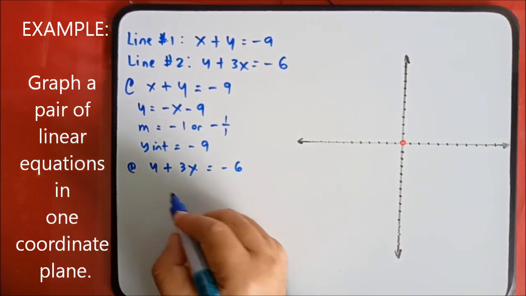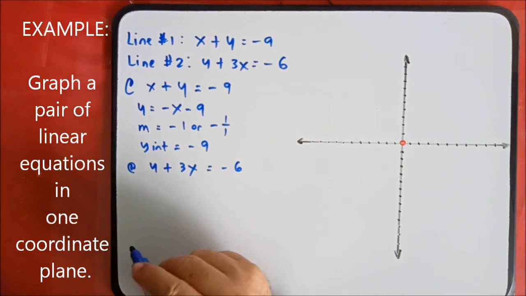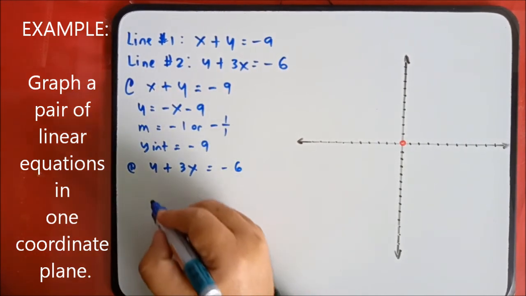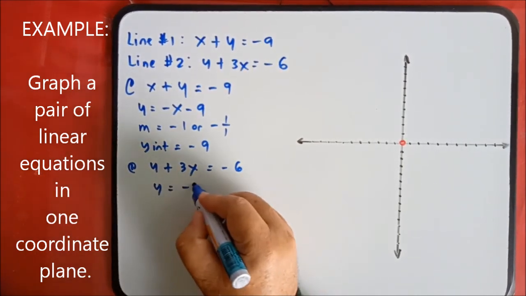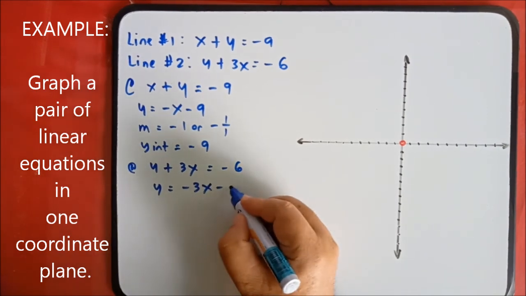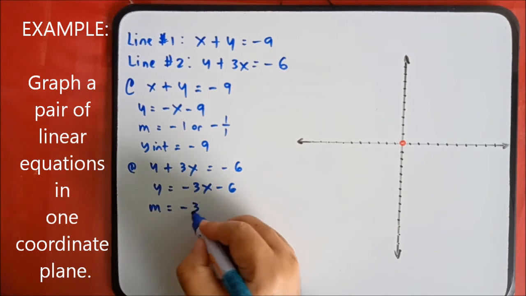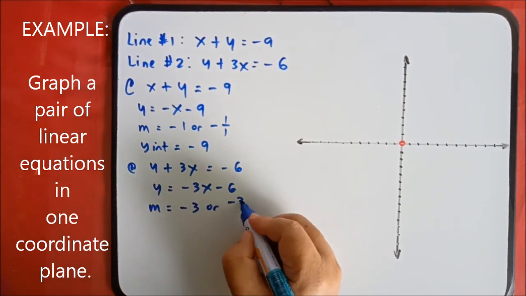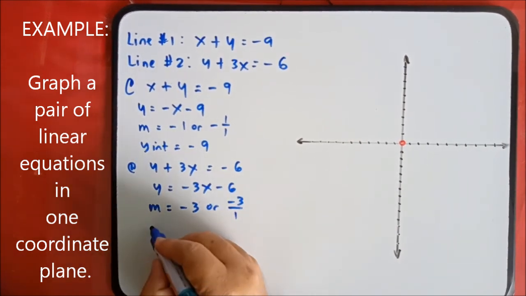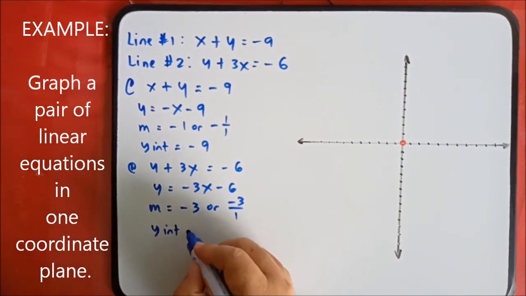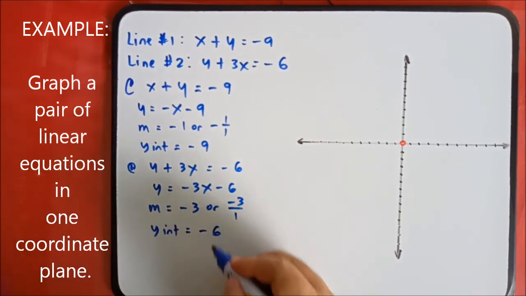Y ang dapat maiwan sa kaliwa. Then, we have to transfer the 3x to the other side of the equation. Y will become negative 3x minus 6. Then our slope will be negative 3 or negative 3 over 1. And our y-intercept is negative 6.